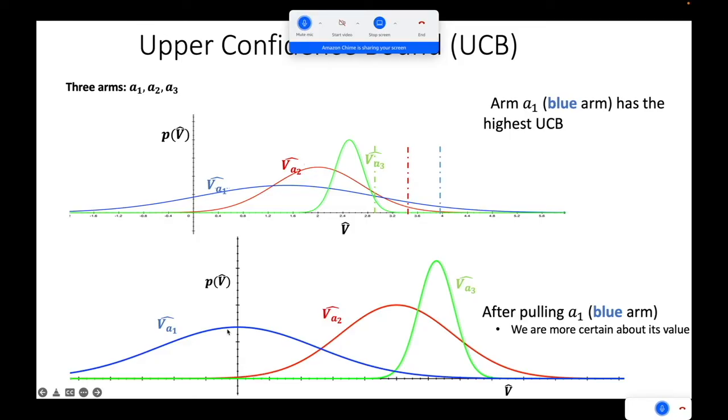Okay, so now in terms of mean as well as in terms of UCB, it is clearly inferior to the arms A2 and A3. So next time we decide on the arm which has the highest UCB, we'd probably be pulling the arm A2. Okay.